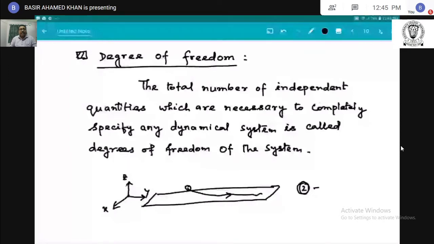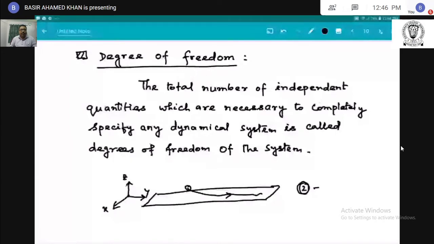So these are examples of degrees of freedom of the system. I repeat again, what is the degrees of freedom? Degrees of freedom is the total number of independent quantities which are necessary to completely specify any dynamical system.